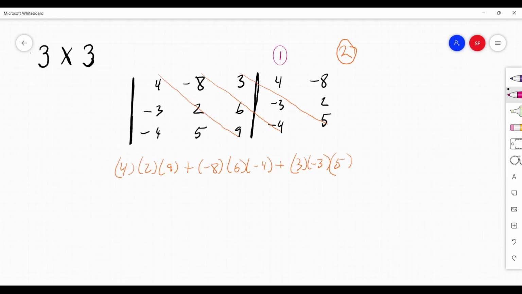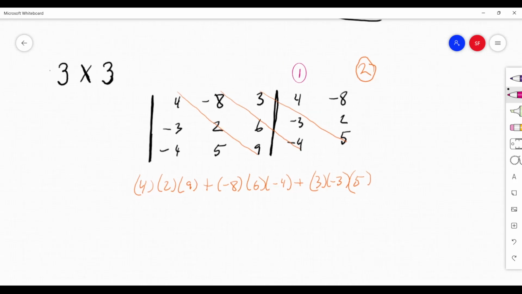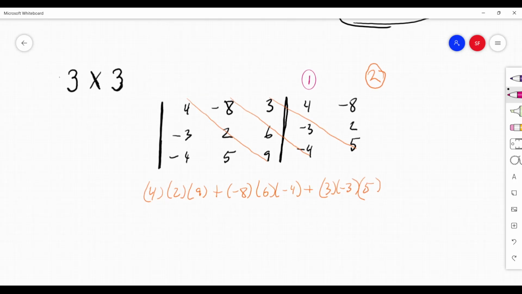Okay, so what we did was we rewrote the first two columns outside, and then we multiplied in the first direction. That's what we did so far. And we added all of those up, or we are going to.